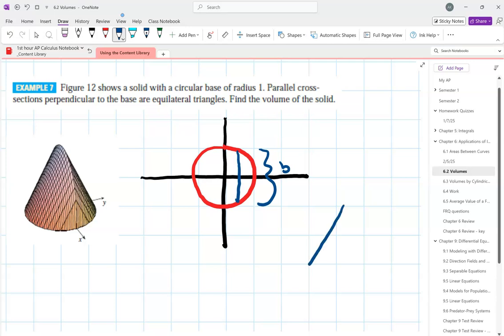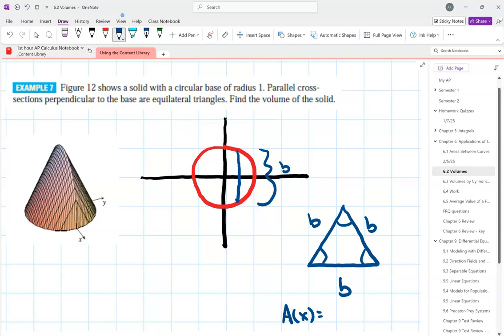So if I draw that equilateral triangle, I have something like that, right? So my area function is going to be the area of that triangle. Does that feel okay?